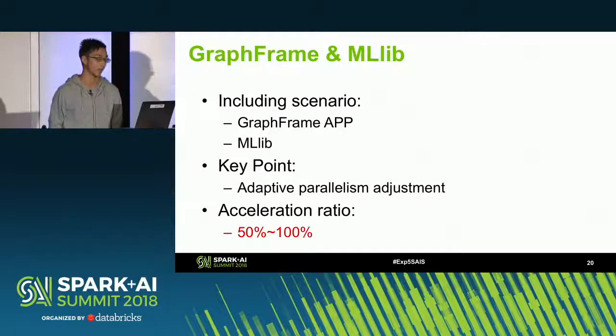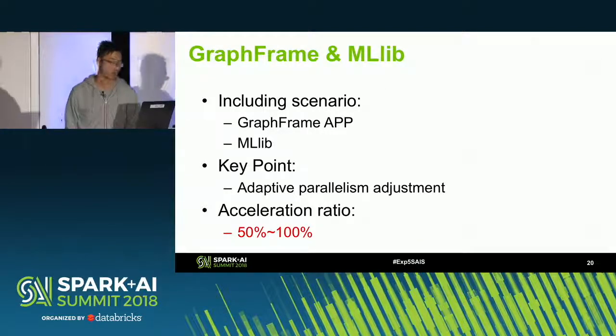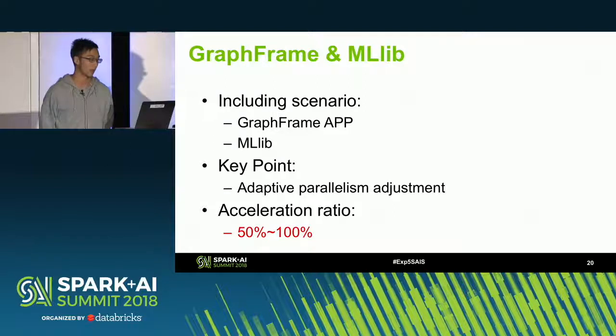Both of them need adaptive parallelism adjustment. But we separated these 2 scenarios because almost all GraphFrame and MLlib applications have multi-stage iterative computations. So if we hit this strategy, we also have the acceleration ratio from 50% to 100%.